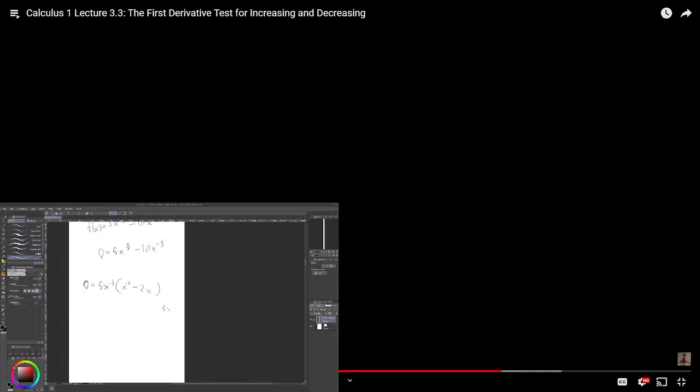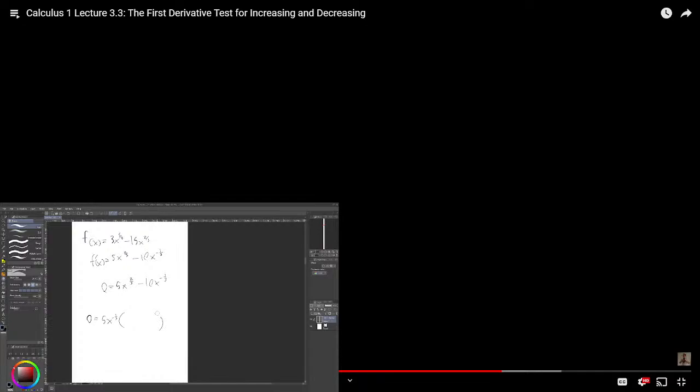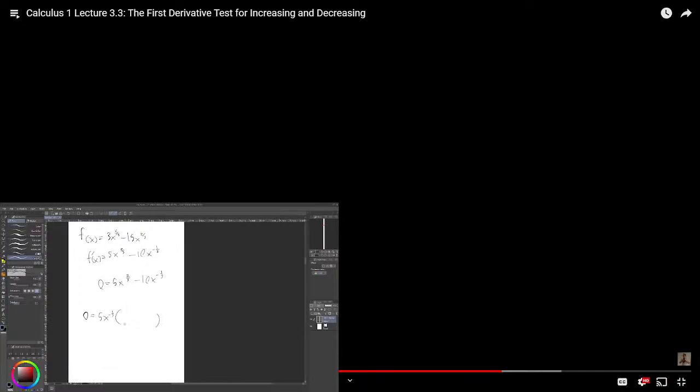Wait, this is all wrong. You're dividing 5x to the 2/3 by 5x to the negative 1/3.